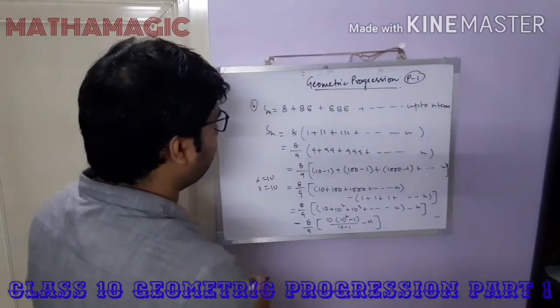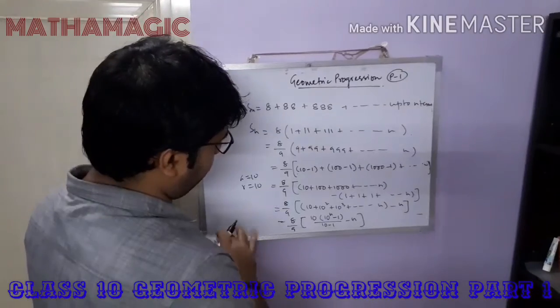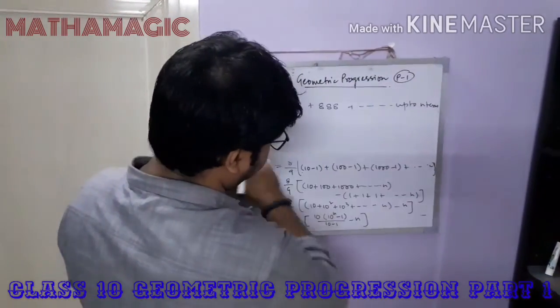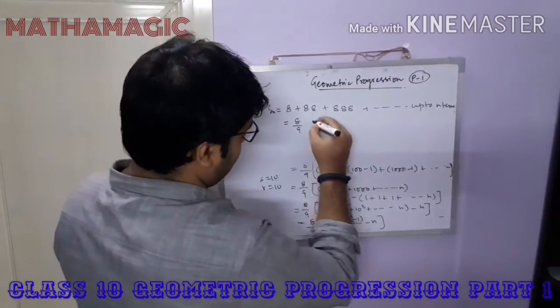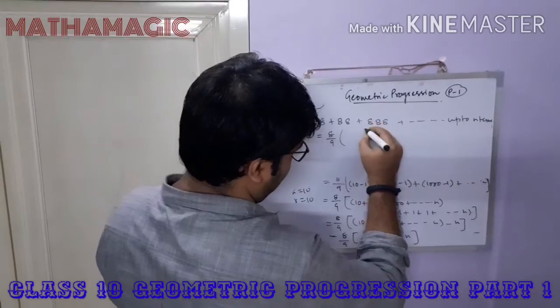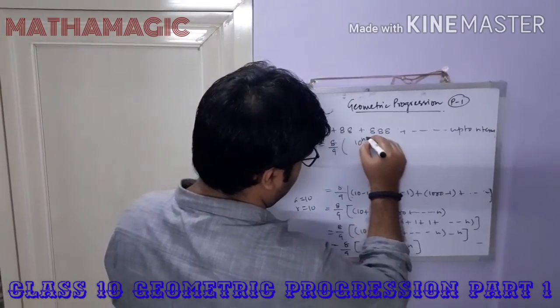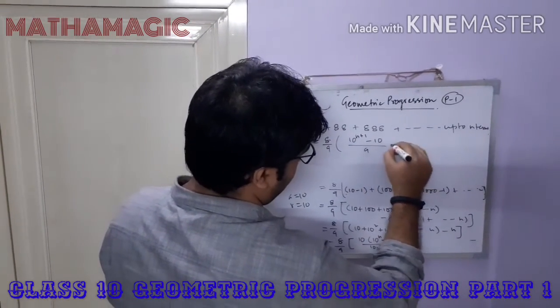Now we will remove this part. Please note it down. So it will become 8 by 9 into 10 to the power n plus 1 minus 10 divided by 9, minus n.